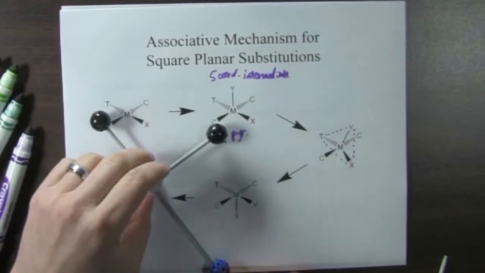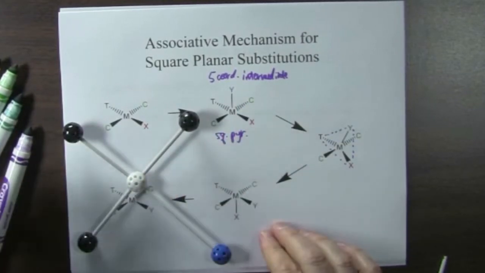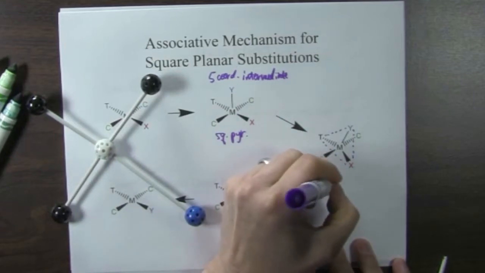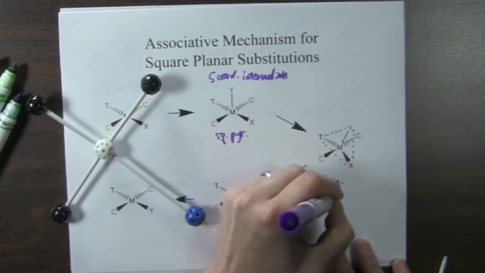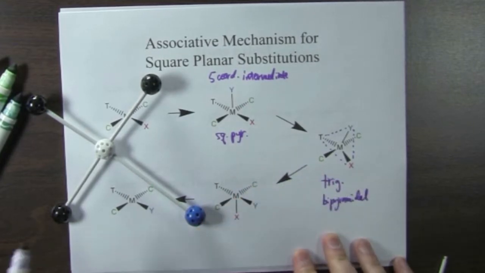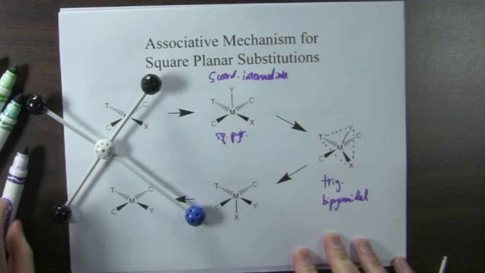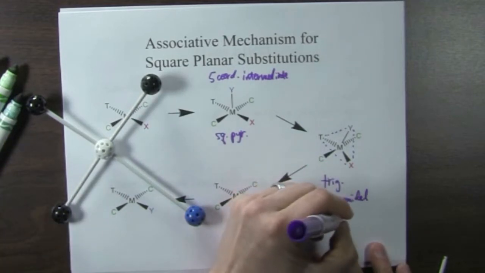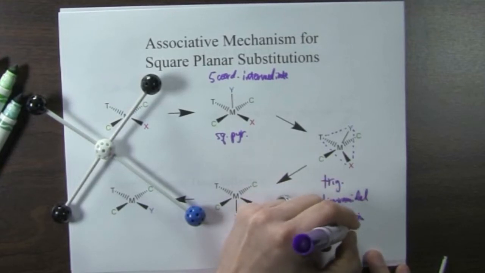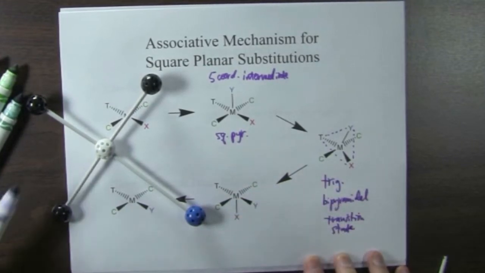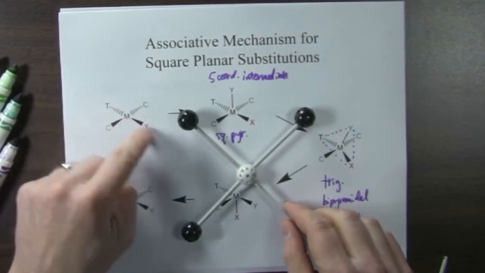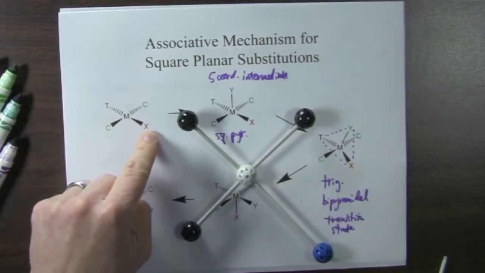And as we went through this intermediate, the trigonal bipyramidal transition state, we see that our spectator ligands have an important role. So here we have this spectator ligand that is trans to our leaving group.